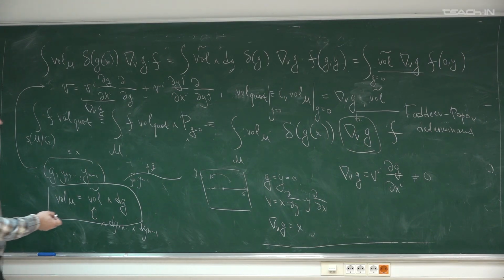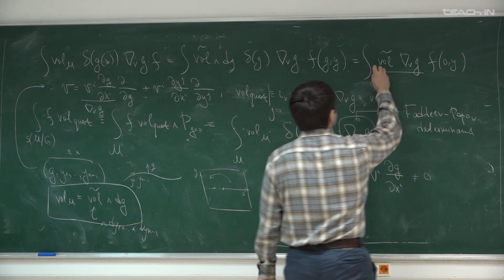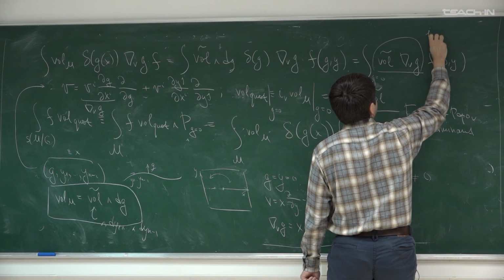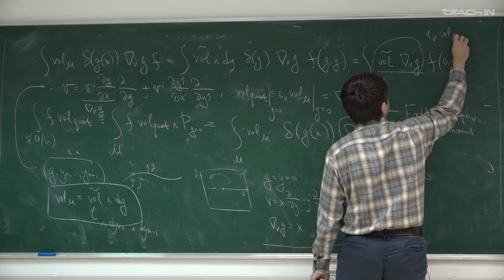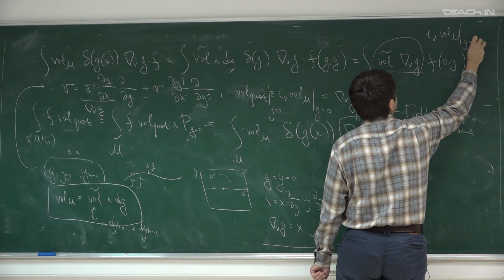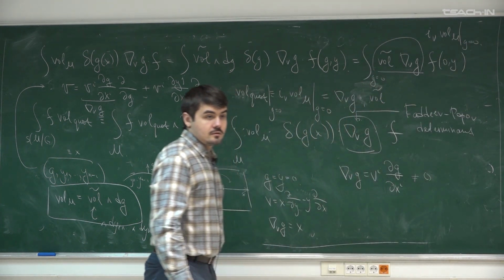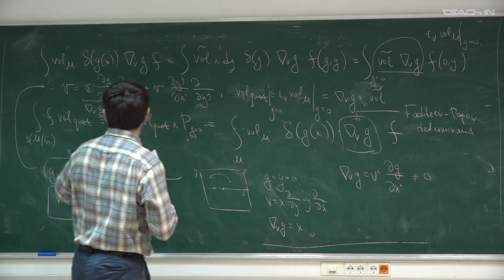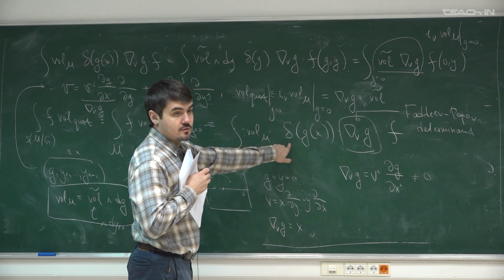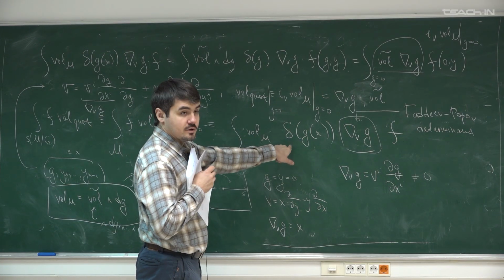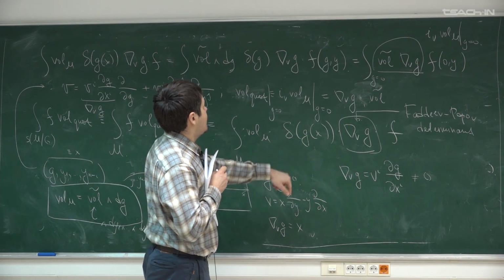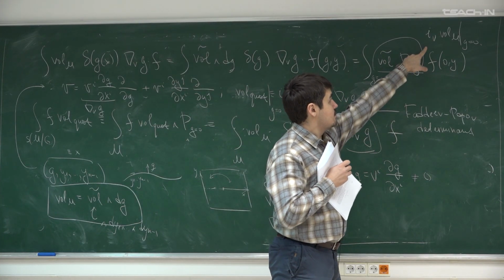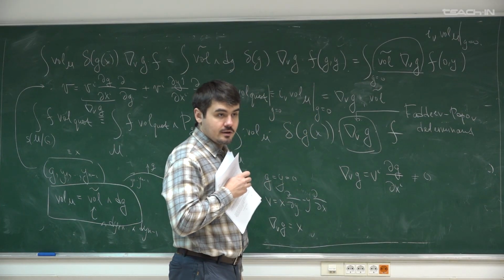So we are saying that the thing that appeared here is the same as i_V of the volume form on M. We're proving that this is equal to this, but we start from backwards. We manipulate this integral and arrive here. So what remains is to show that this is the same as our quotient volume form.